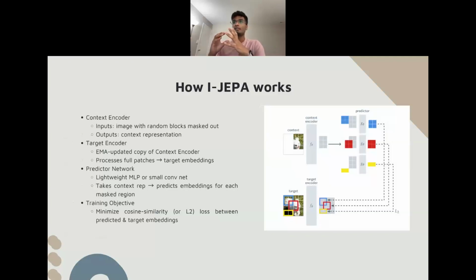As we see here, the target blocks could be some overlapping target blocks, grouped into some boxes, and the predictor has to use the context and try to predict these target blocks, which could be overlapping. Through this, it learns meaningful representations, and it can even be used as pseudo labels further for conditioning generators.